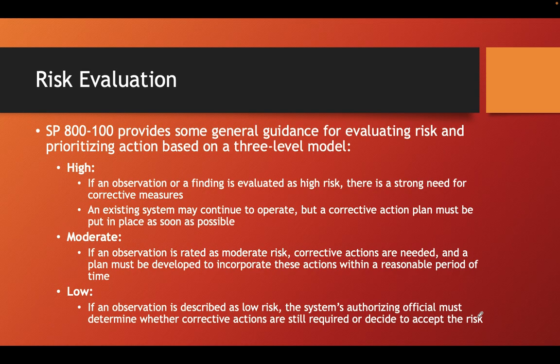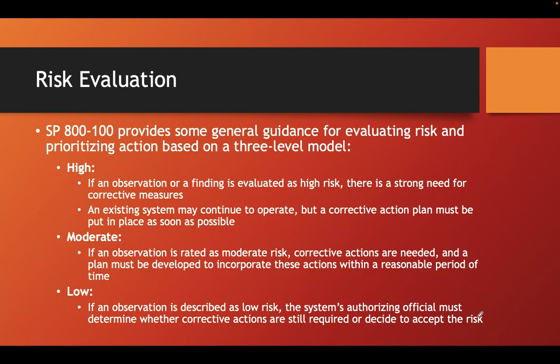Now, high looks at if an observation or finding is evaluated as high risk. If you have carried out your assessment and found that this is a high risk, then there's a strong need for corrective measures. An existing system may continue to operate, but a corrective action plan must be put in place in order to curb the threat that may happen to the organization. So this is considered as high.